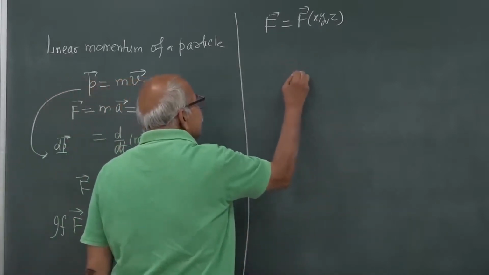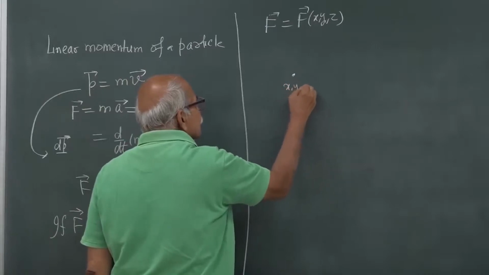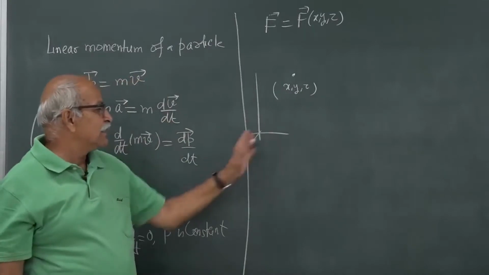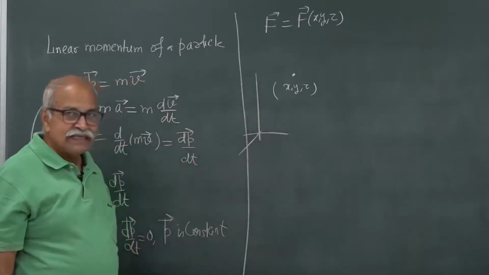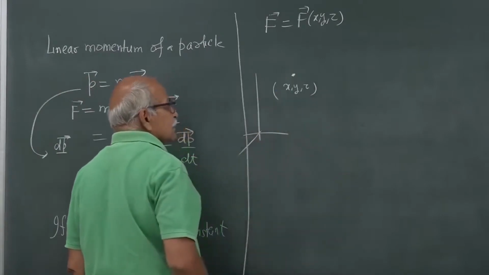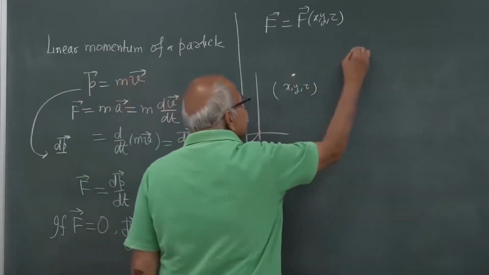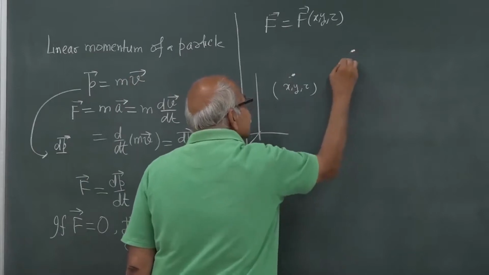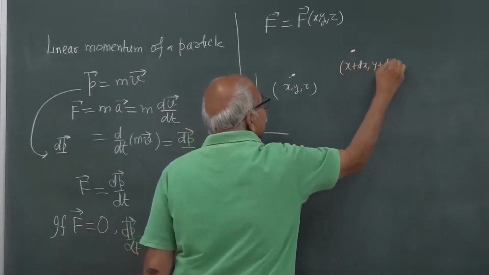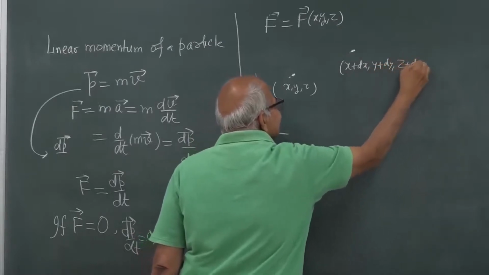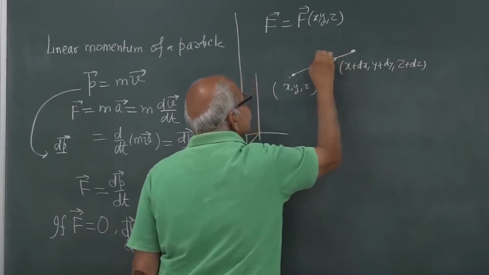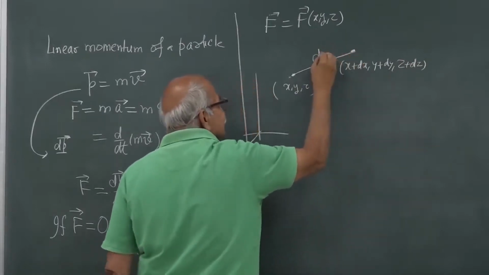So, if a force depends on a space point, then think of this quantity. I have a point x, y, z, with some frame of reference, some origin, some x axis, some y axis, some z axis. Then I take another point nearby, x plus dx, y plus dy, z plus dz, and this vector I call the dr vector or dl vector.